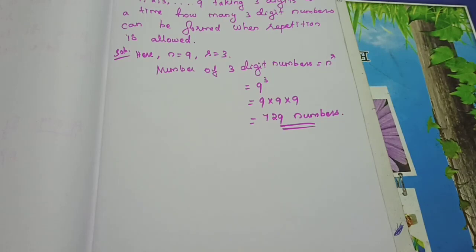Next we are going to learn permutation when all the objects are not distinct, that is, not different. Here also we are going to learn one formula.